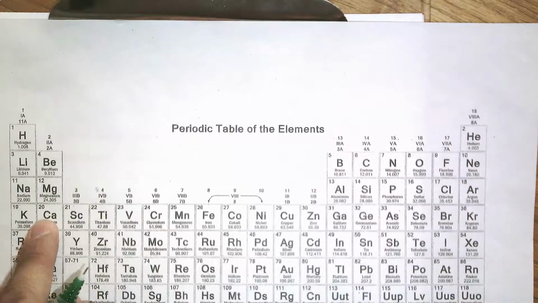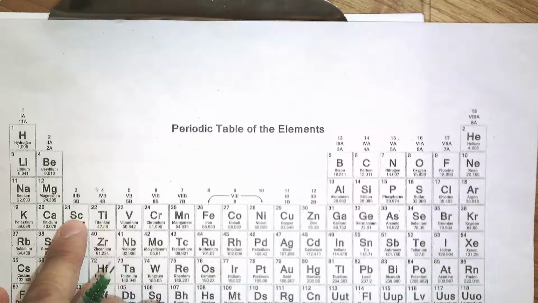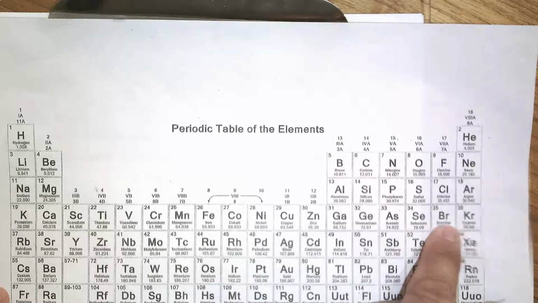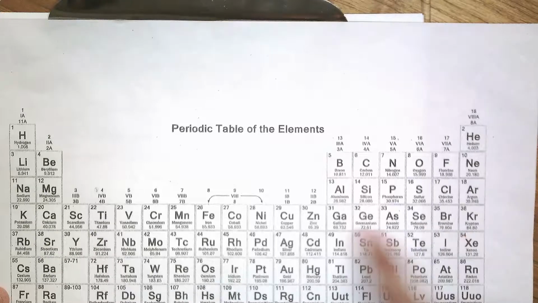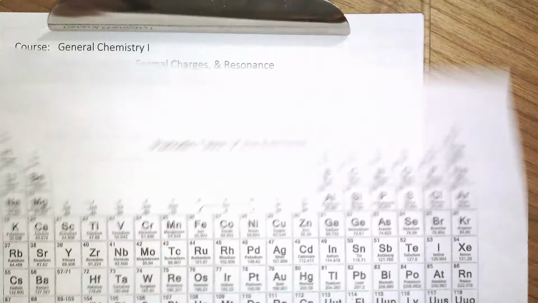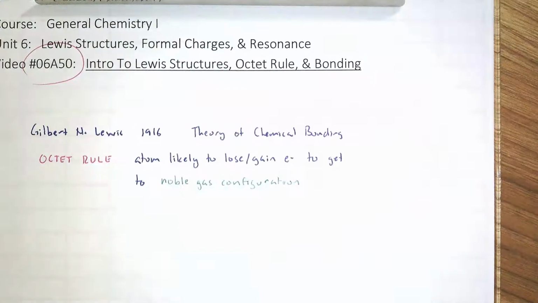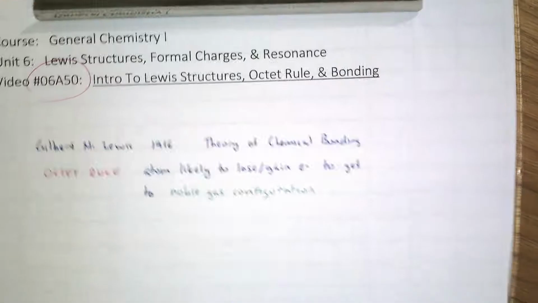We don't count these electrons because these are in the 3rd energy level. So 1, 2, 3, 4, 5, 6, 7, 8. Okay, so to have a filled 4 shell, you need 8 electrons. So that is the noble gas configuration.